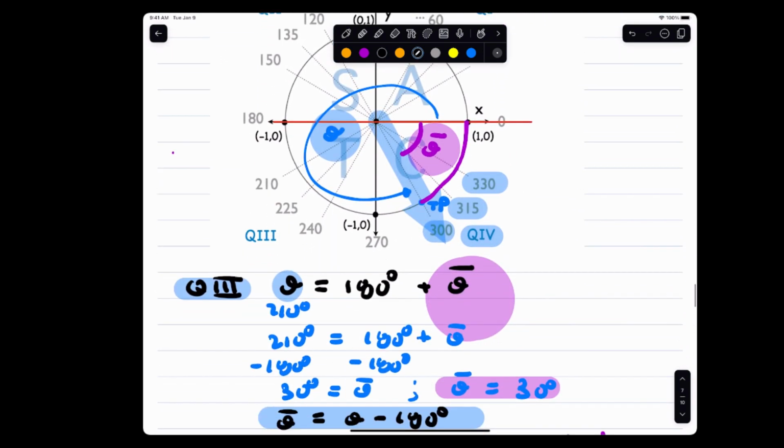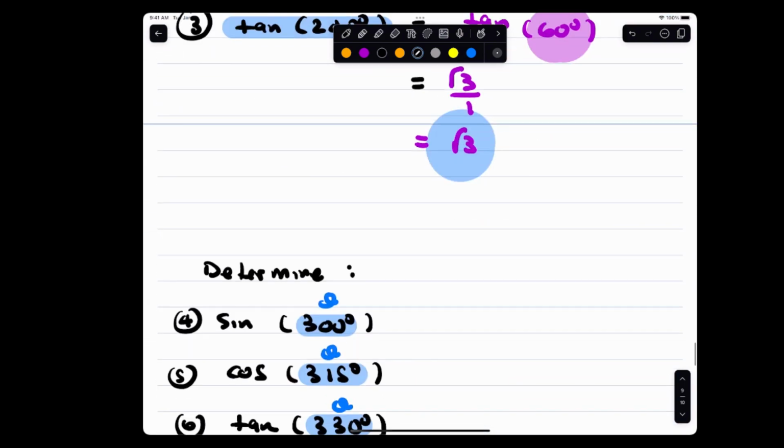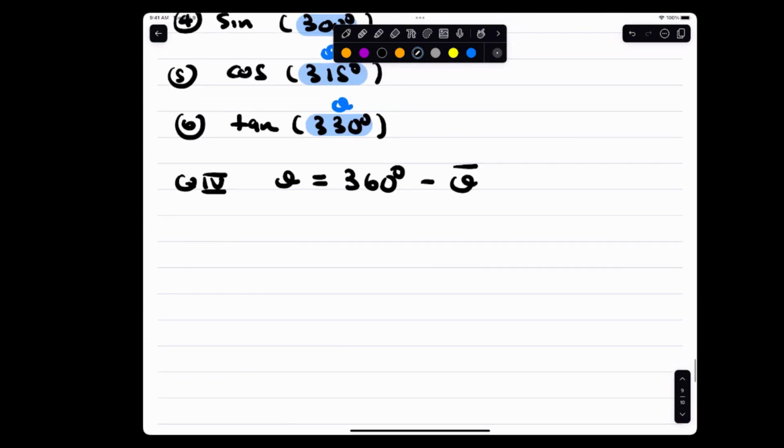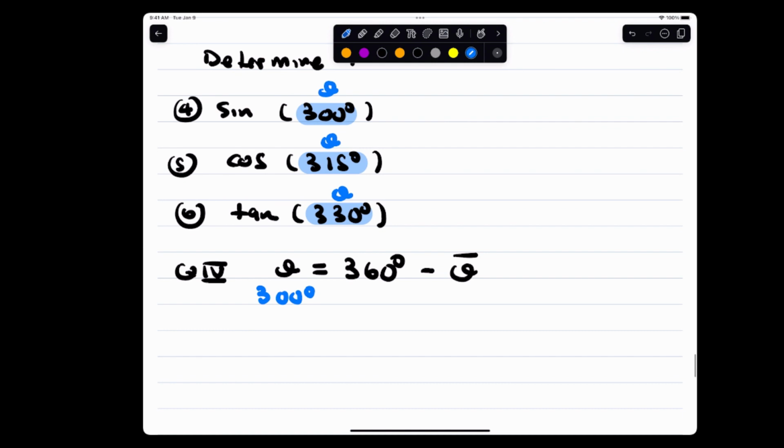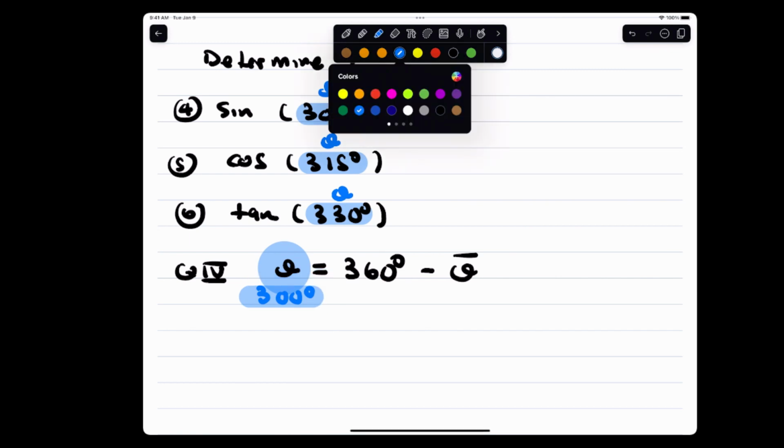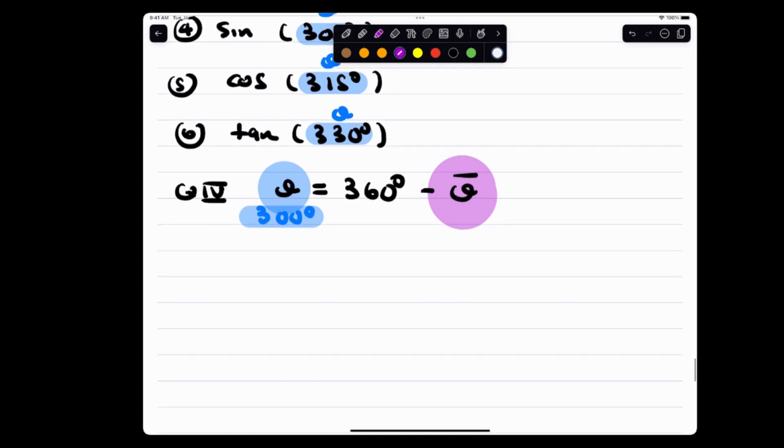Now, algebraically speaking then, if this is going to be, for example, 300 degrees for that first question here, we're going to try to find the reference angle. That's the key. How you get it, ladies and gentlemen, will be what? You actually solve for the reference angle, and that'll be 360 degrees minus the theta.